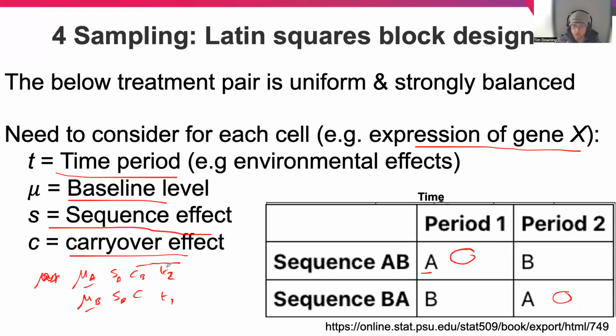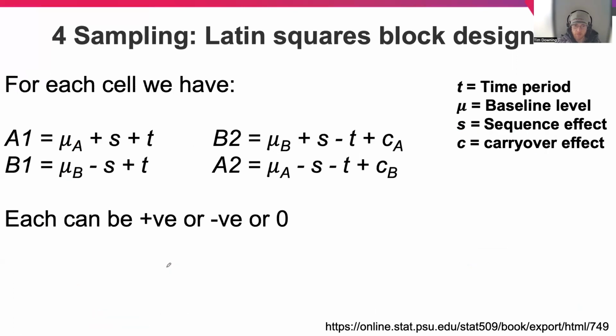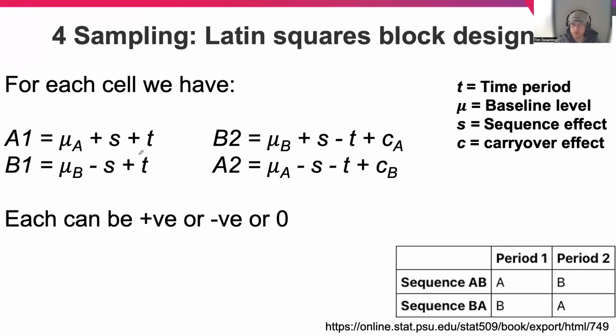So if we write this down, in cell A1, A1 is over here. This is A1, this is B1, B2, and A2 is here.